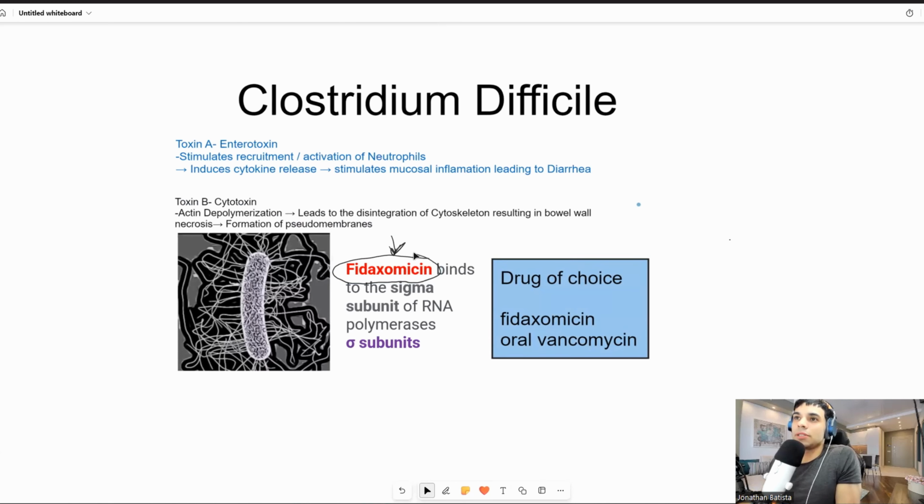So what is the mechanism of action of fidaxomicin? This is an important question, and First Aid doesn't have the mechanism of fidaxomicin. So let's understand: fidaxomicin is going to work very similar to rifampin. You guys remember that mechanism of action? It basically binds to RNA polymerase. Now they're just telling you specifically what subunit, the sigma subunit of RNA polymerase.